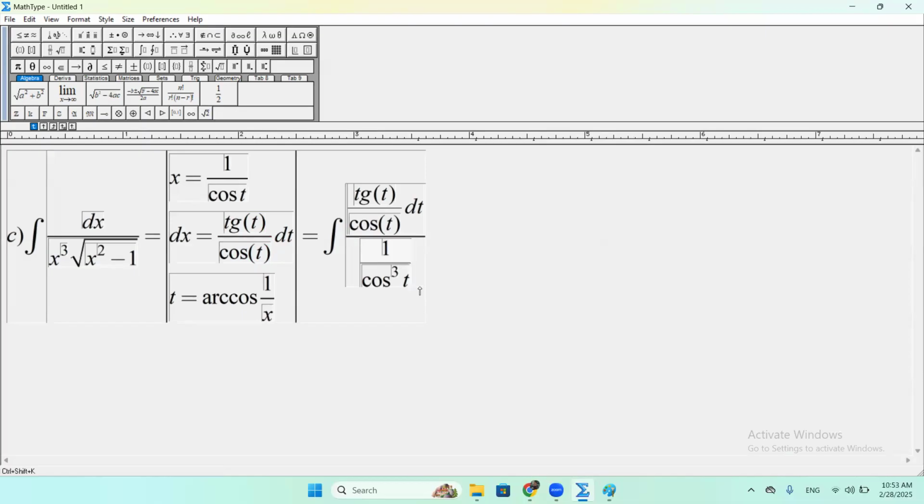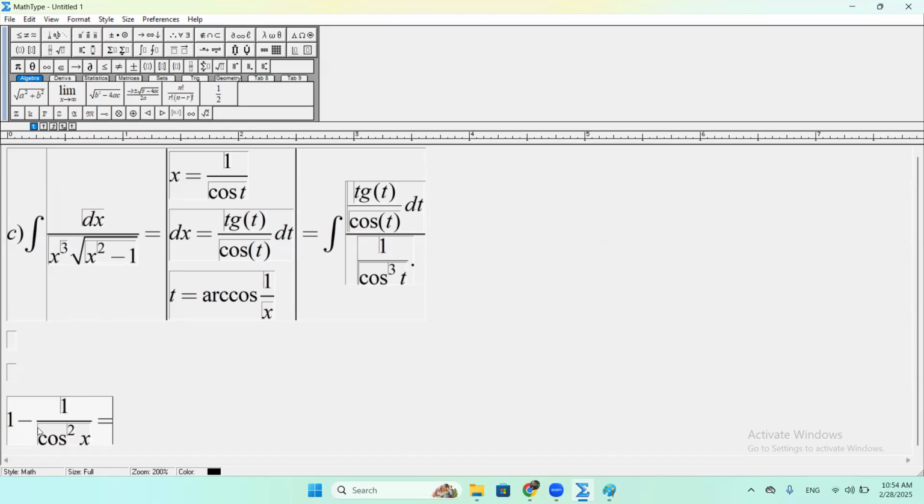And what about this case? 1 minus cosine square over x, actually equals, stop, 1 over cosine square t minus 1 equals tangent square t. So here we have tangent of t.